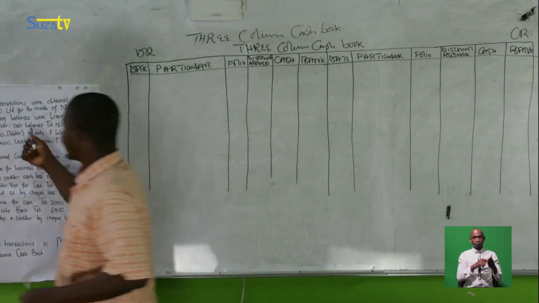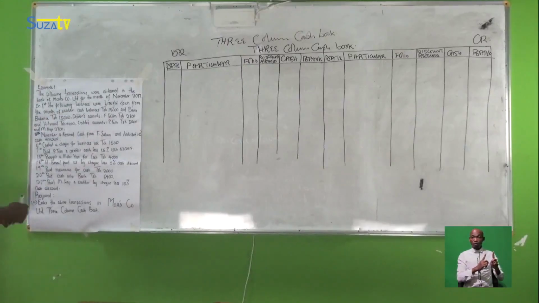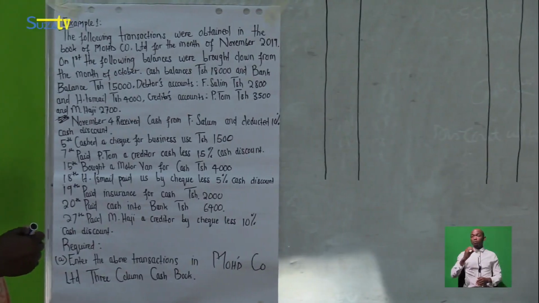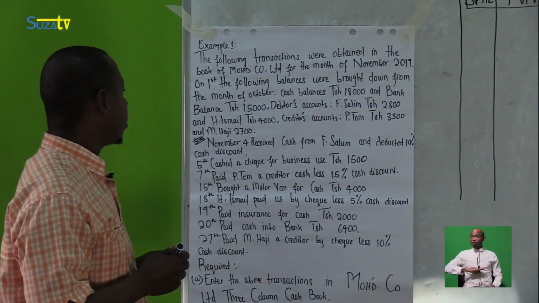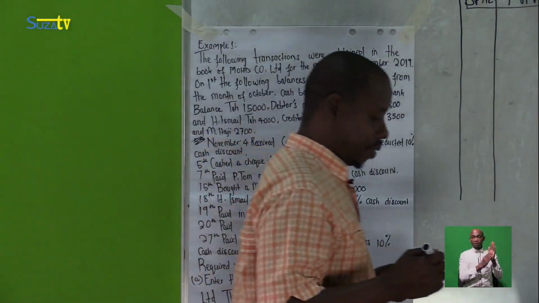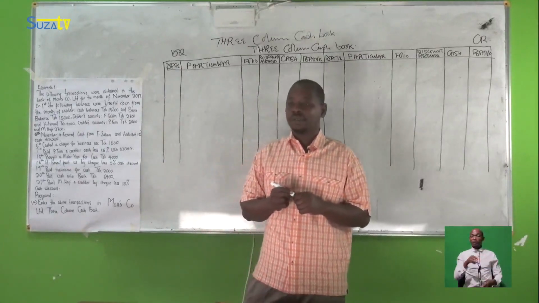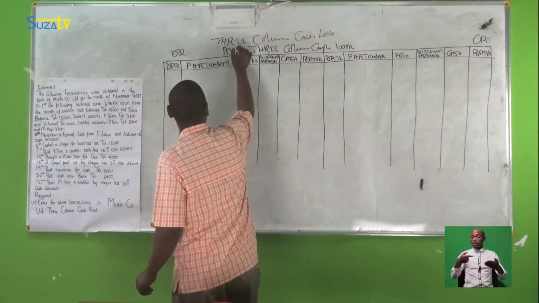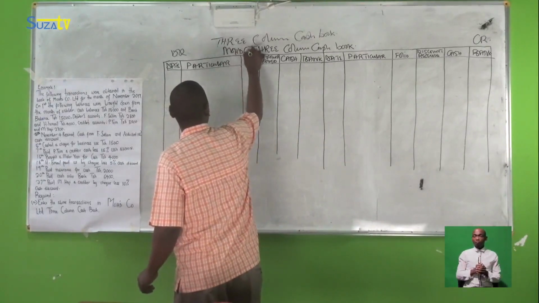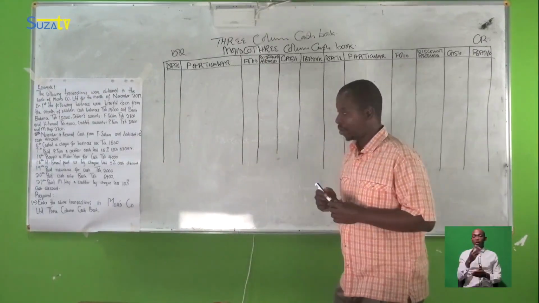Okay, look at the example. The example is here, and it states that the following transactions were obtained in the books of Mr. Muhammad Company Limited for the month of November 2009. The owner of the trade is Mr. Muhammad. You should write the name of the trader, Muhammad Company, 3-column cash book.